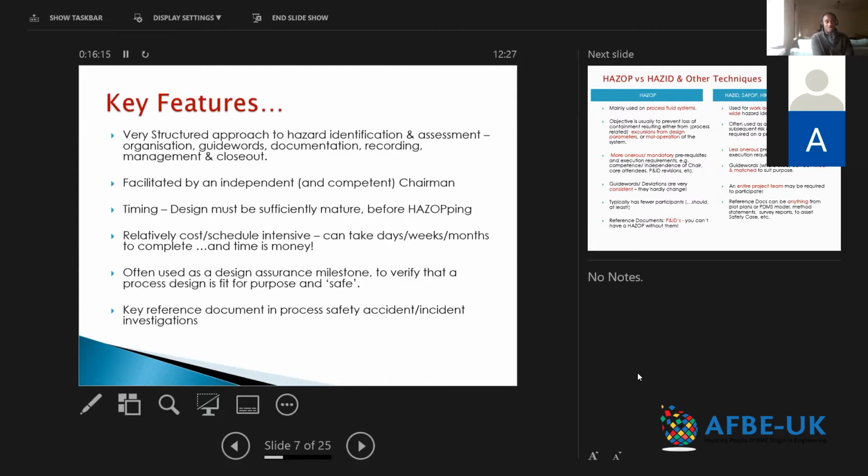So a HAZOP is quite critical for that purpose, and for that reason alone, if nothing else, the quality of the HAZOP report, the recording, must be such that it can withstand the kind of scrutiny that would come should there be a process safety incident investigation or anything similar.